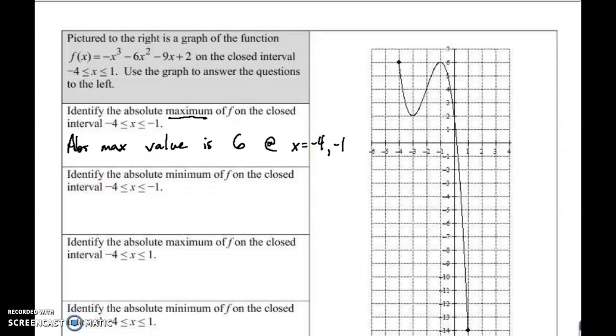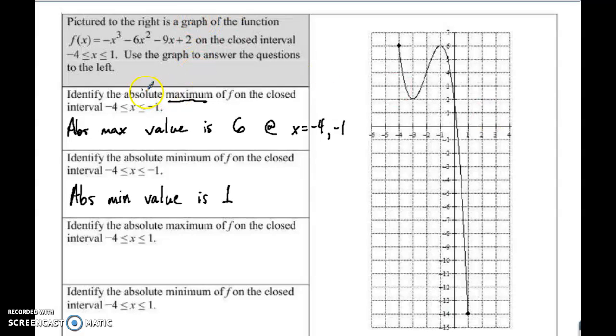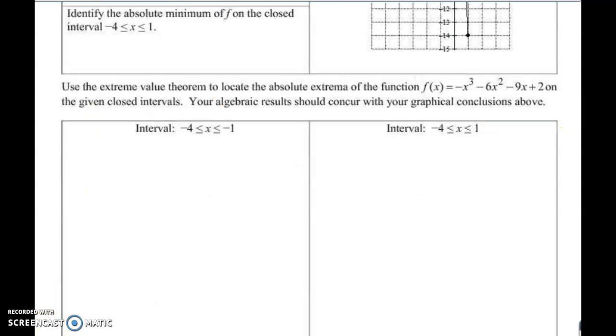The absolute min on that interval looks like it occurs at positive 1, but that absolute min value is 1. Looks like we had the same question asked a couple of times. Because maybe they wanted the relative.